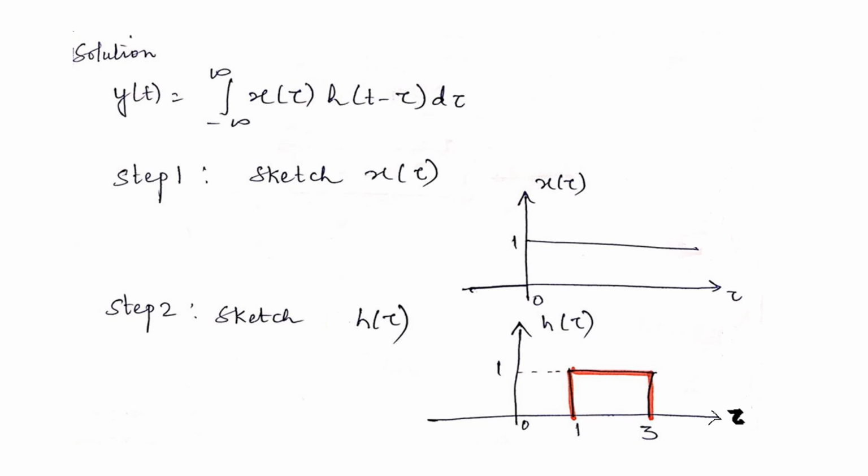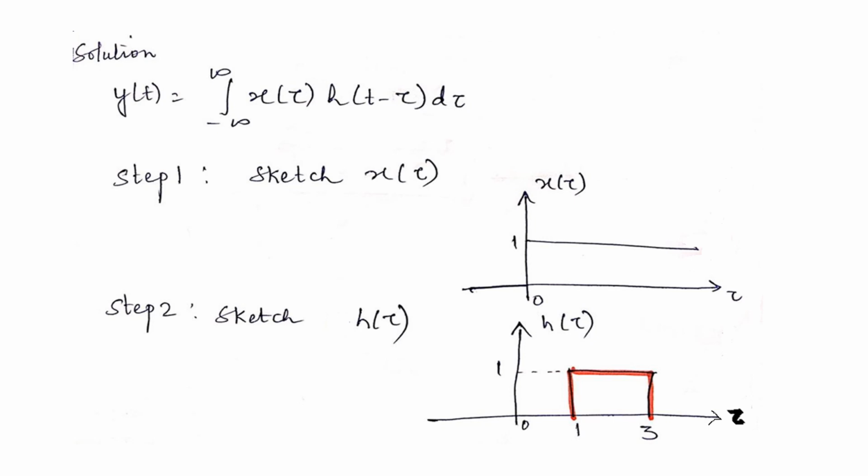After we have sketched x of tau, let us go back to the equation and check the next step. The next step is to time reverse or fold h of tau. To do it, first let us sketch h of tau.